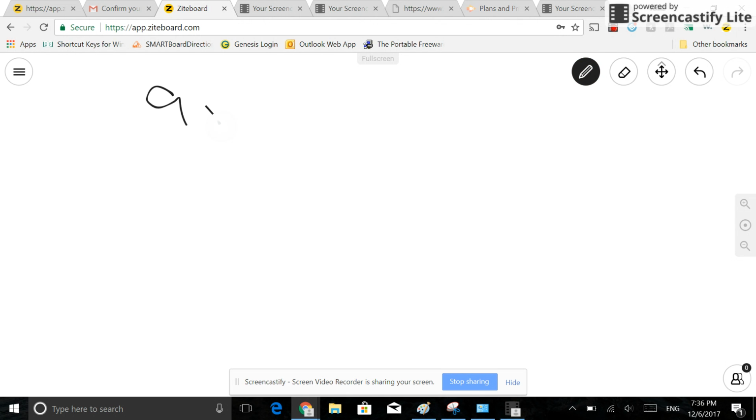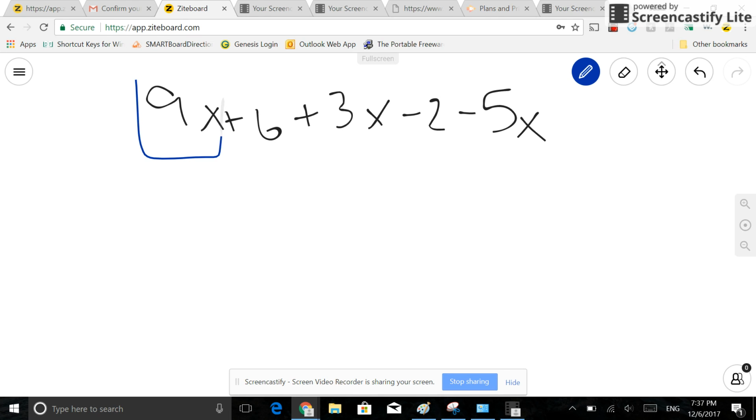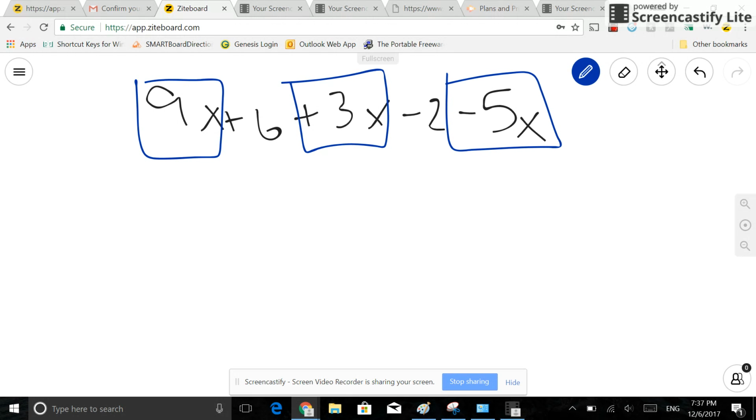Okay, next expression. We have 9x plus 6 plus 3x minus 2 minus 5x. Alright, so this expression, we're going to combine our like terms. So we have 9x's, positive 3x's, negative 5x's.